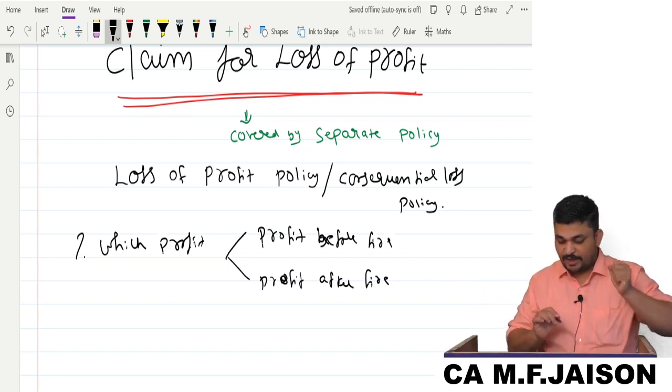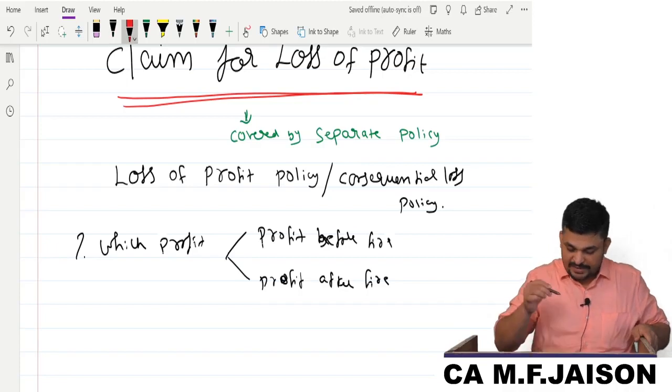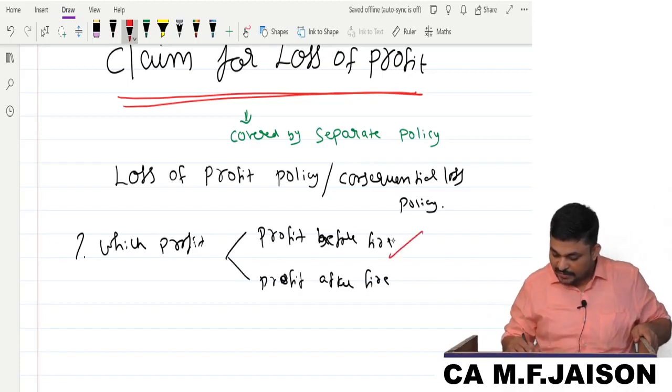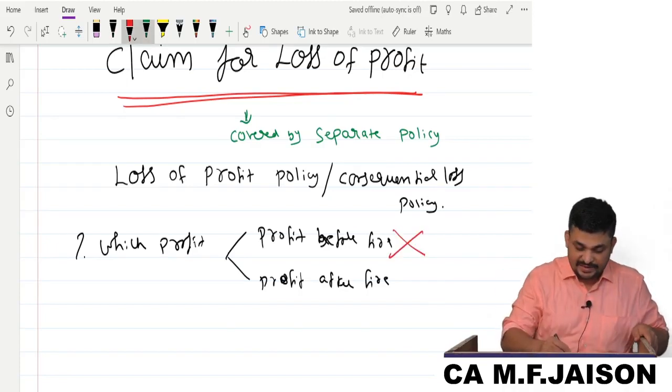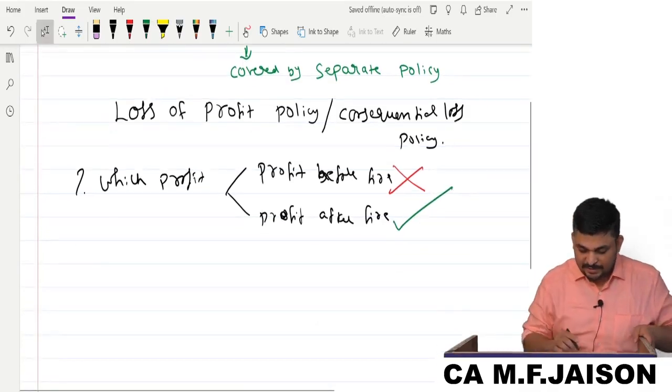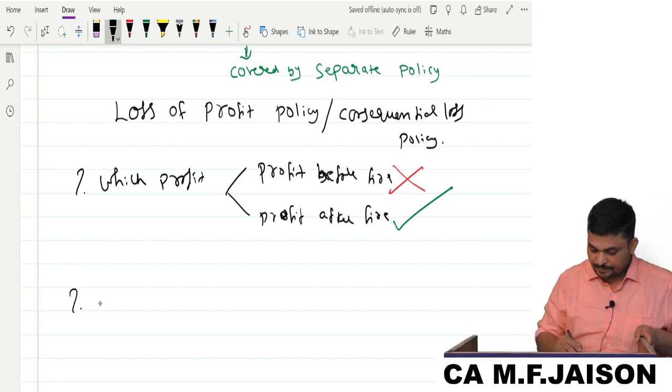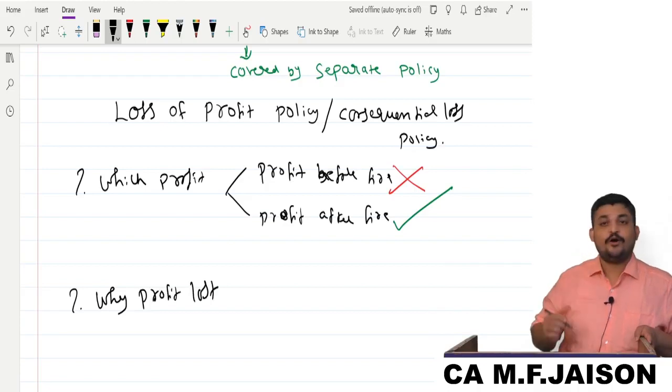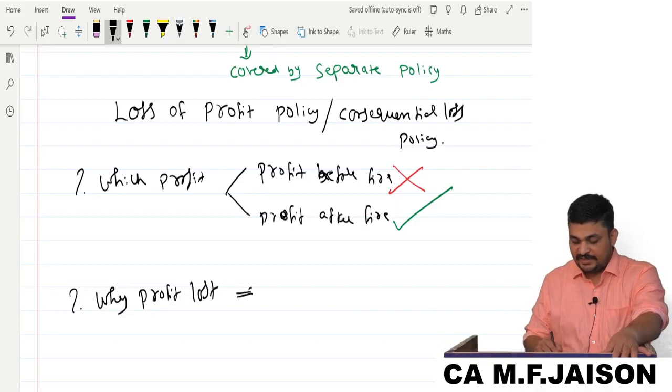So the question is which profit? We are understanding, my dear friend, it is not profit before fire, it is profit after fire. The next question was why profit lost?